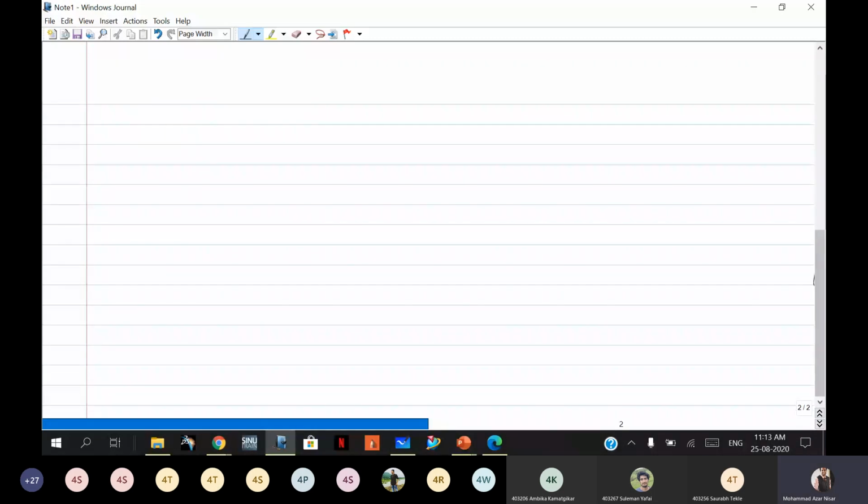The Bezier curve defines P(u) equal to the sum of Pi times C(n, i) times u raised to i, and this is nothing but the blending function, times (1 minus u) raised to (n minus i).